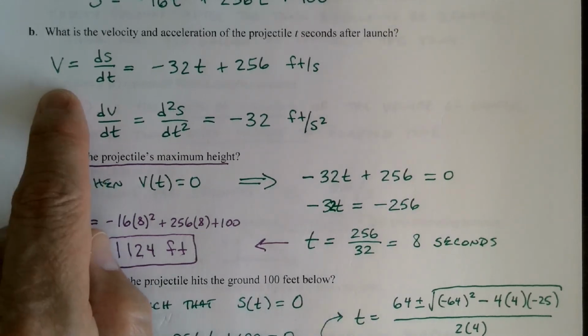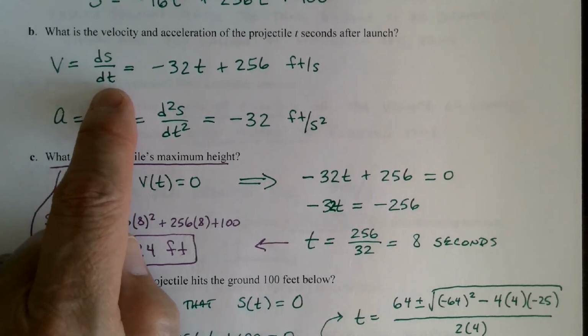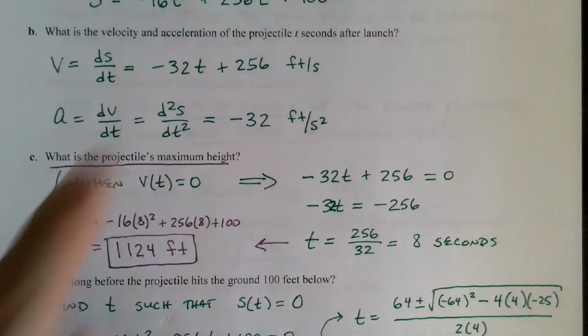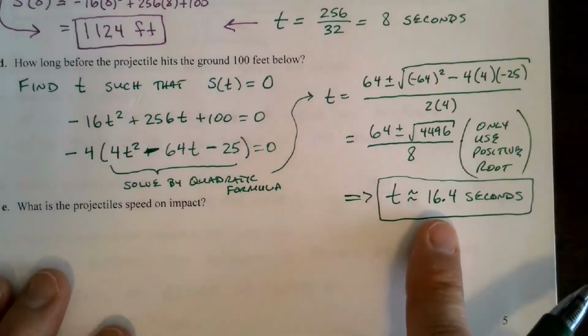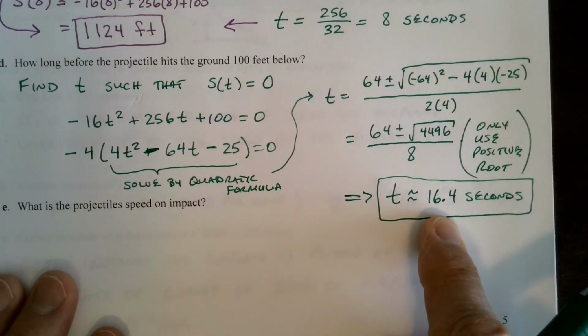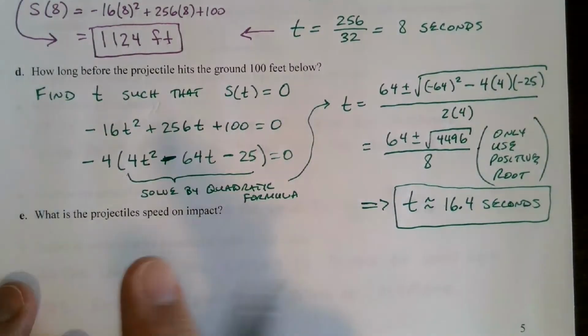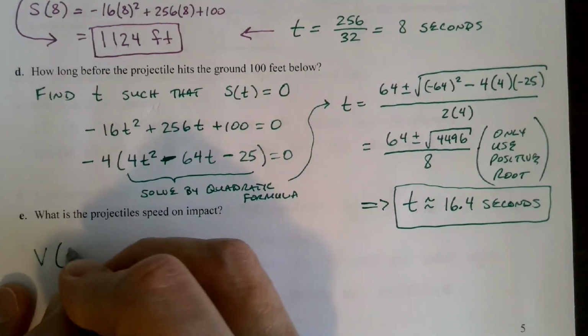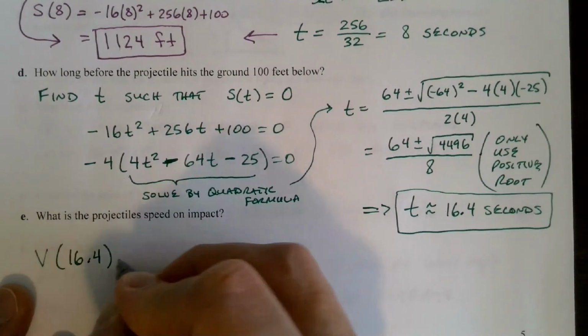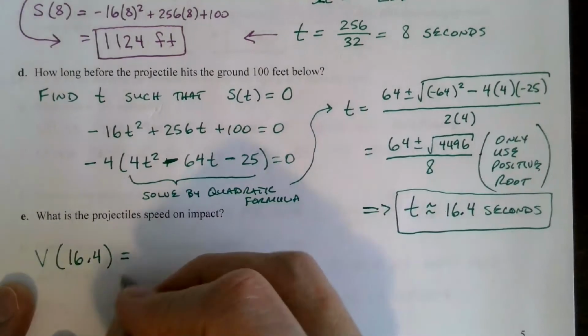But the velocity we know we got from the derivative, the rate of change of position, is negative 32t plus 256. So if I plug this time, when it hits the ground, into the velocity, we'll get the velocity on impact. So v of about 16.4. We're using that approximation.